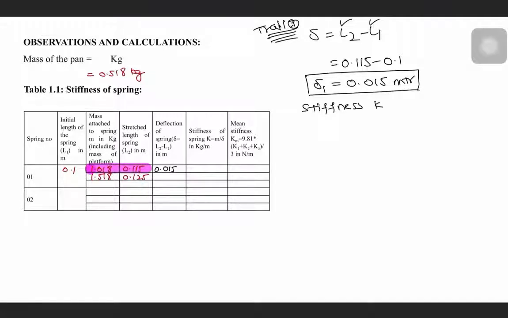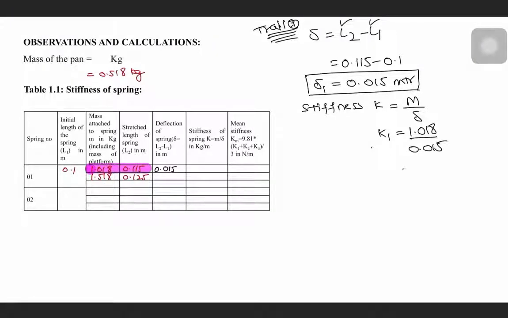Okay, next thing you have to calculate is the stiffness. This is the value of K, which is given by M divided by delta, that is mass divided by deflection. So for the first trial, K1 is equal to, mass would be how much? 1.018 divided by delta for the first trial, which is 0.015.